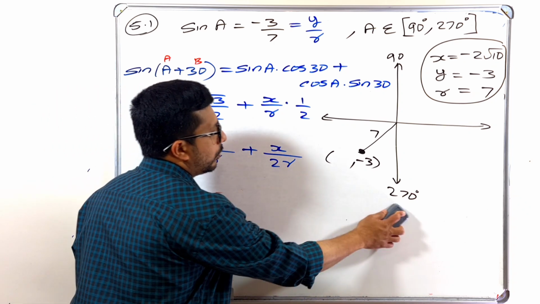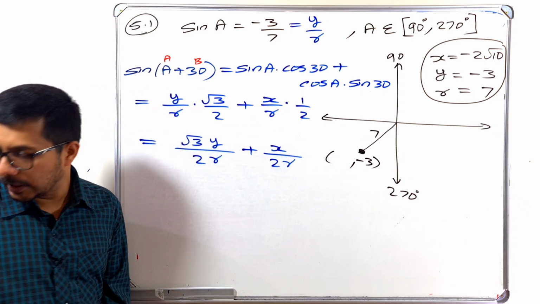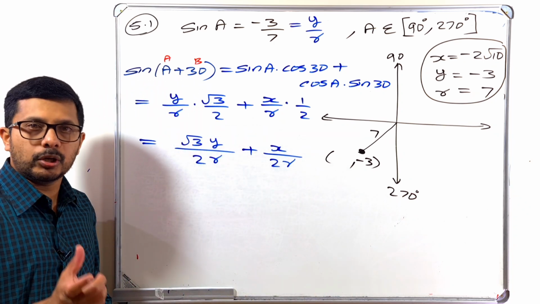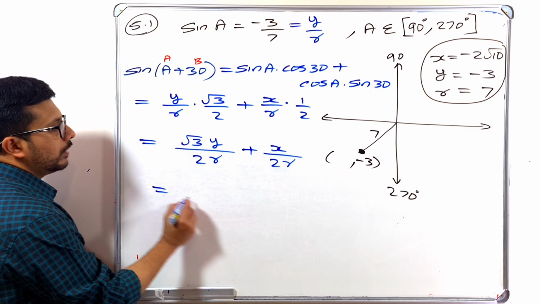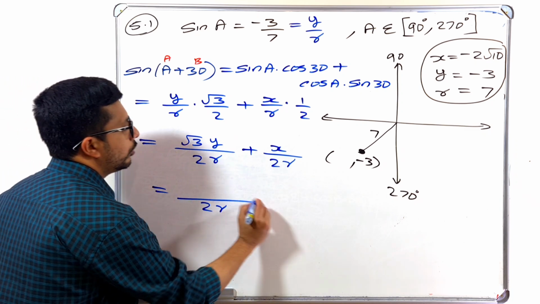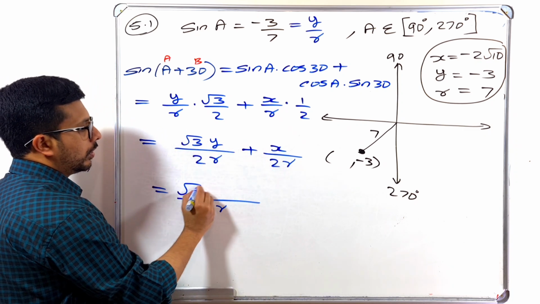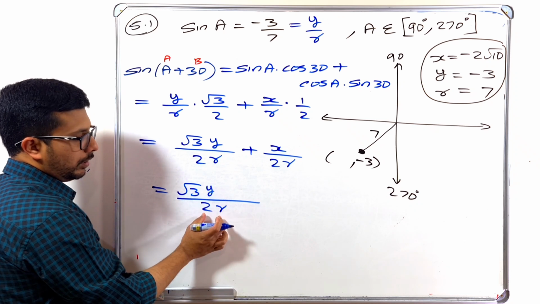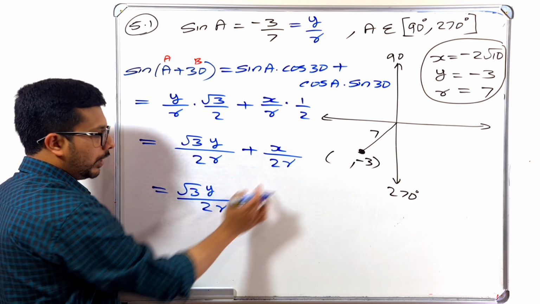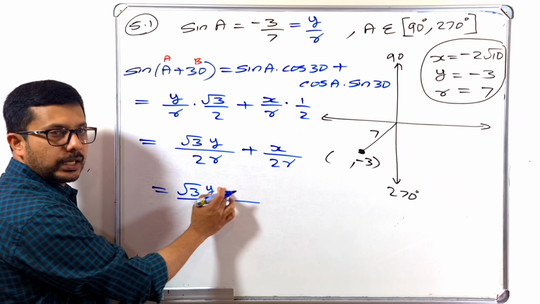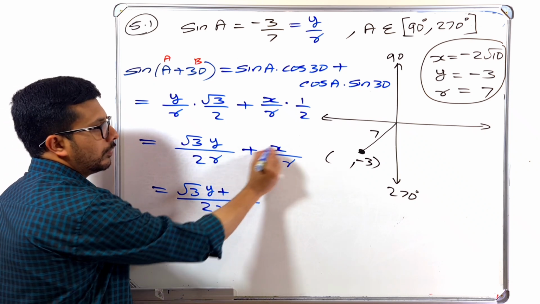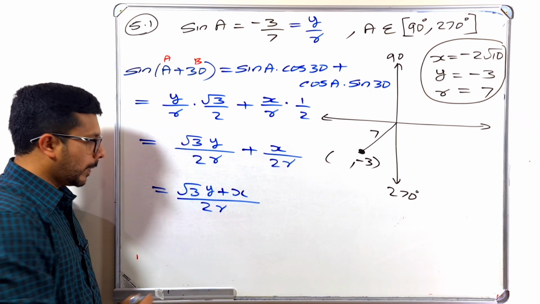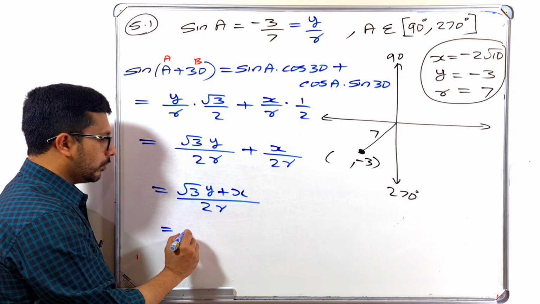What is the LCM now? Both terms have the same denominator 2r, so we write the LCM as 2r and just write the numerator as it is: root 3 y plus x.